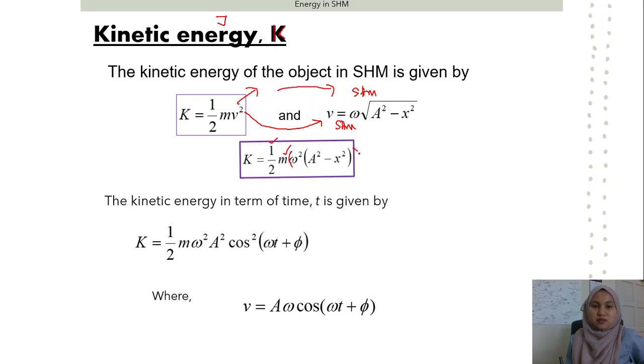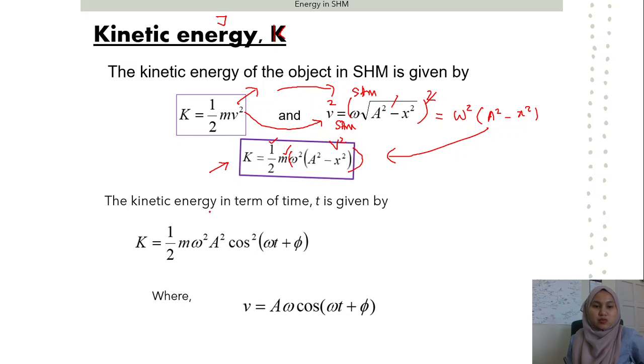Because v is squared, we square the whole equation. We get omega squared, and the square root cancels with the square, giving a squared minus x squared. So we got this equation, which is the kinetic energy in simple harmonic motion.